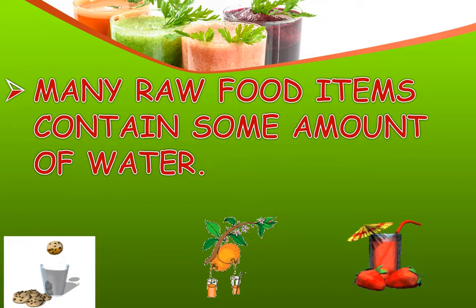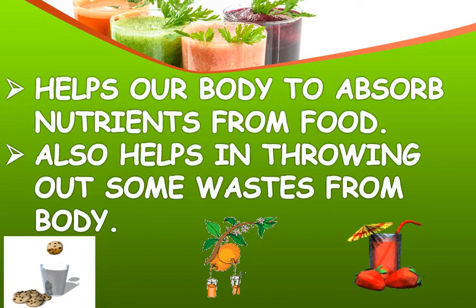Not only this, many raw food items contain some amount of water. Water helps our body to absorb nutrients from food. It also helps in throwing out some waste from the body as urine and sweat.